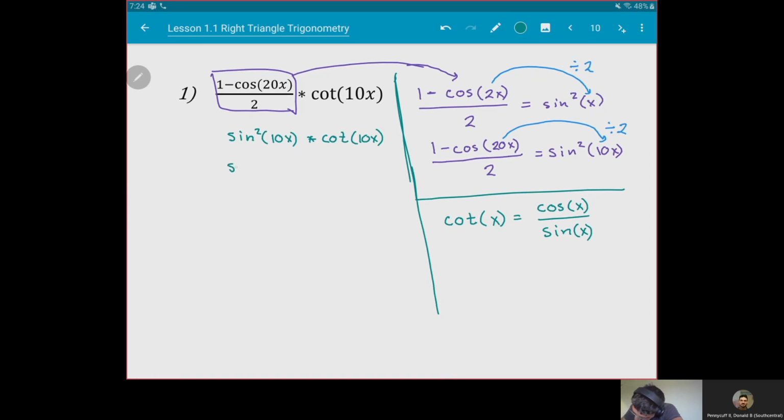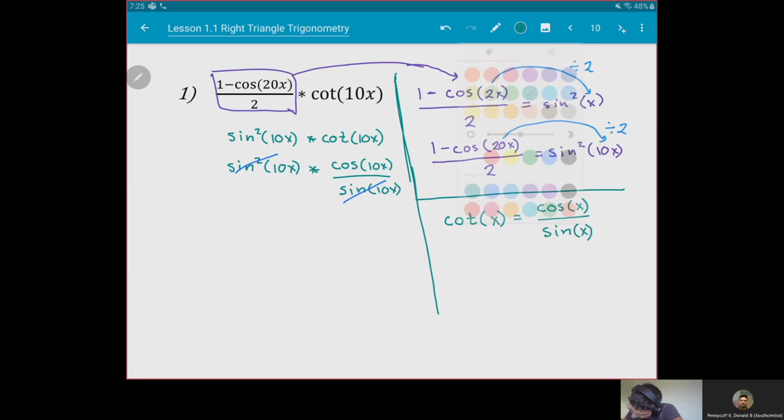And so this will be sine squared 10x times cosine 10x over sine 10x. So that cancels out one of the sines.